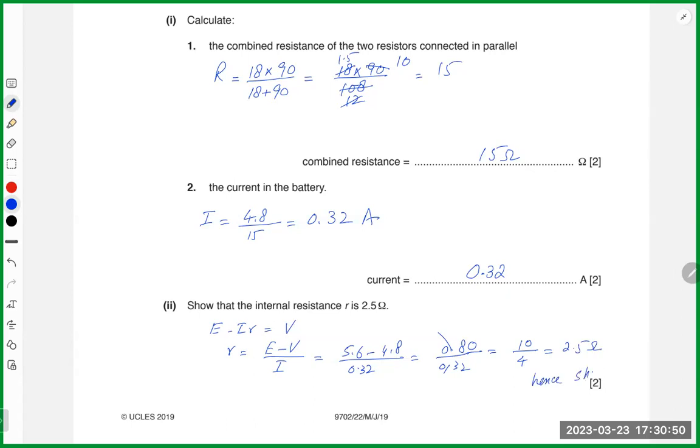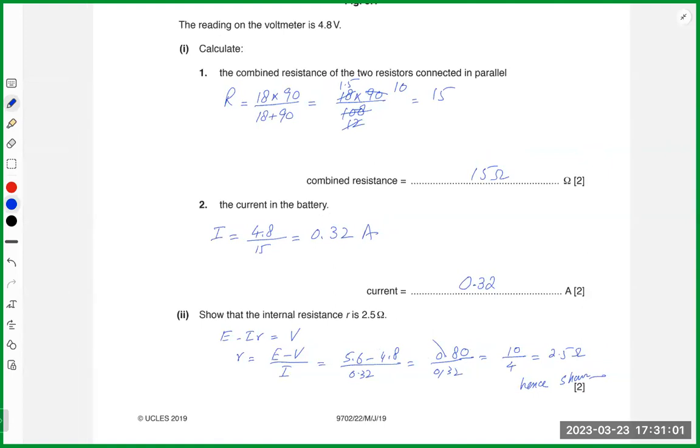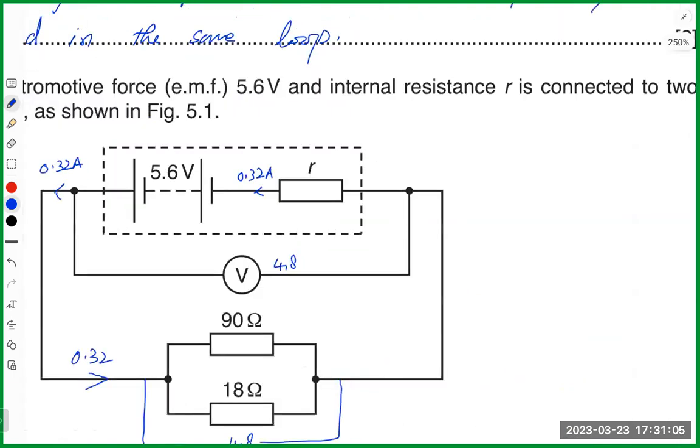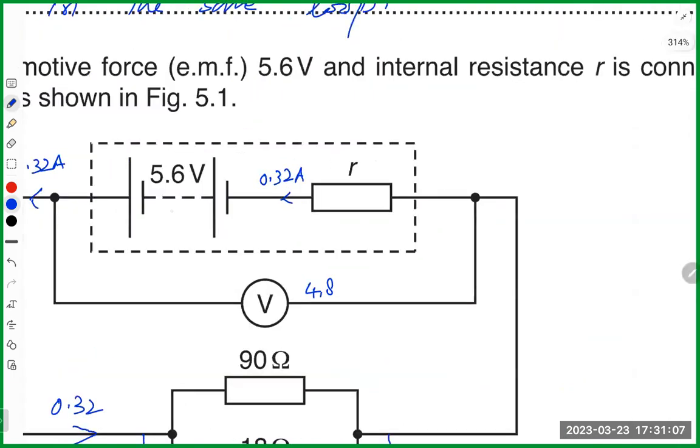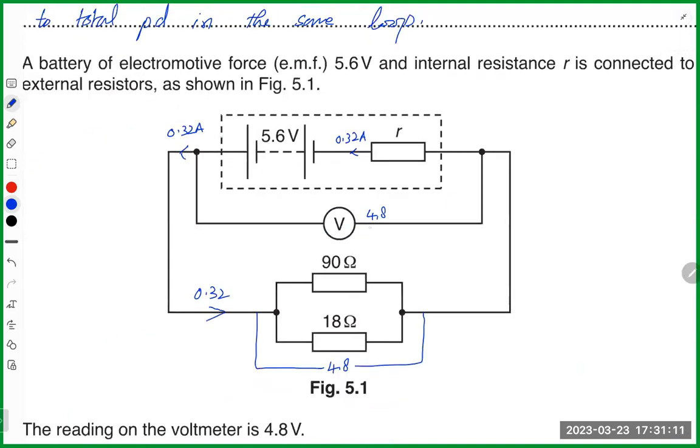Any confusion? Sir, in part 1 and 2, why are we not using 5.6? Why are we using 4.8? Oh, because listen, 5.6 is actually produced by the battery, but to the external circuit, it is only delivering 4.8.